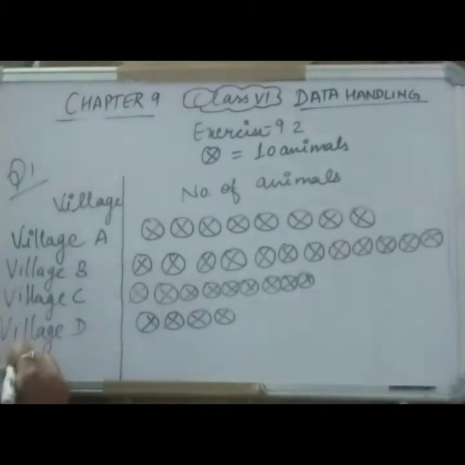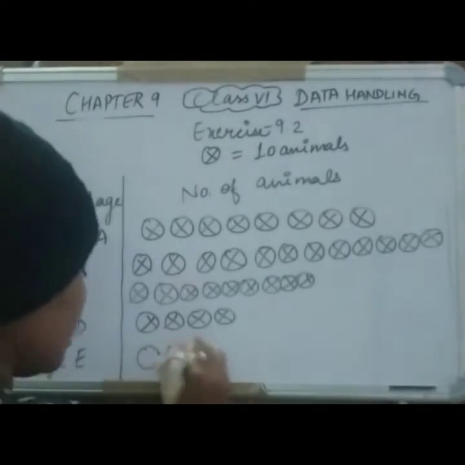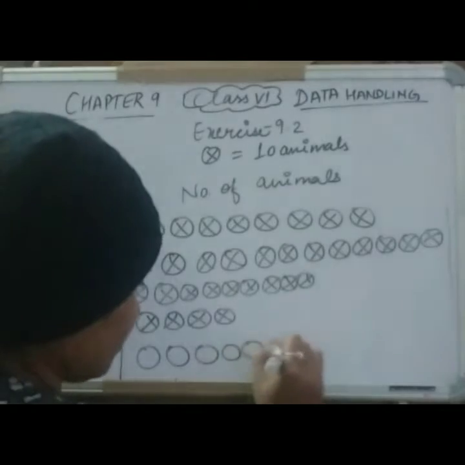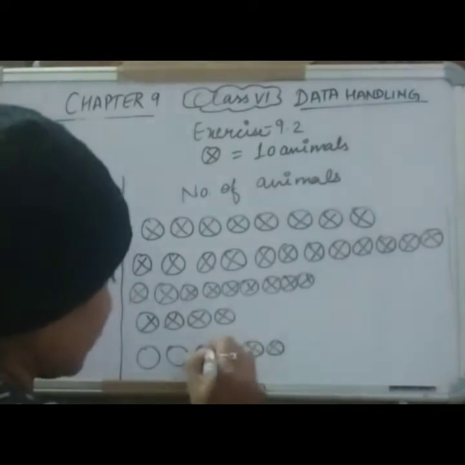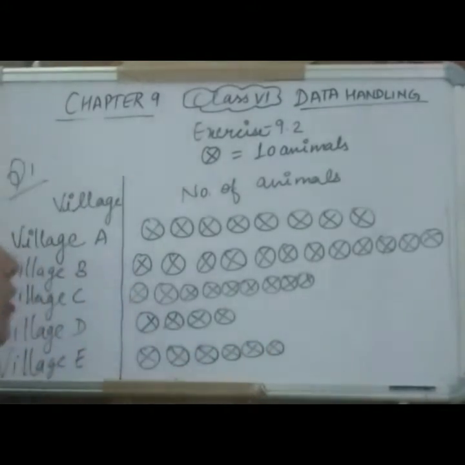Now village E. In village E, it is given 60, means 6: 1, 2, 3, 4, 5, 6. So this is the pictograph.